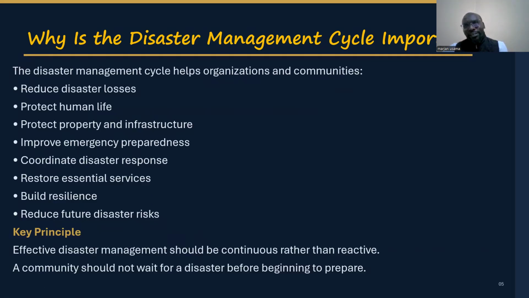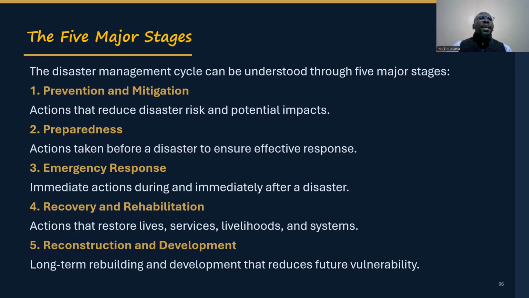But if we wait, and this is what happens in many countries in Africa, we normally wait until a disaster strikes, people die, property is destroyed, and that is when we are going to react, which is not actually a good approach.